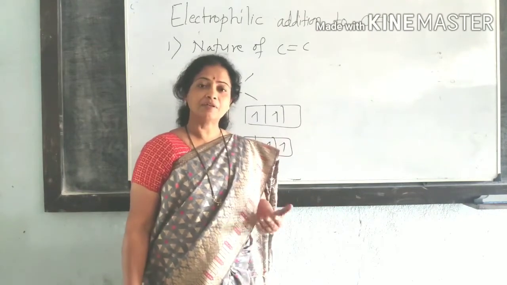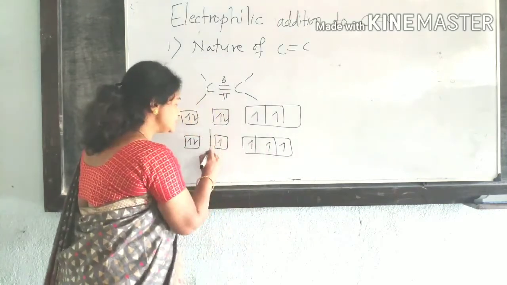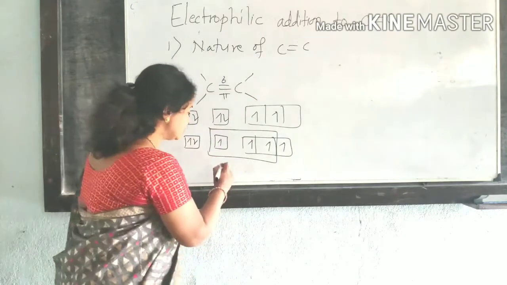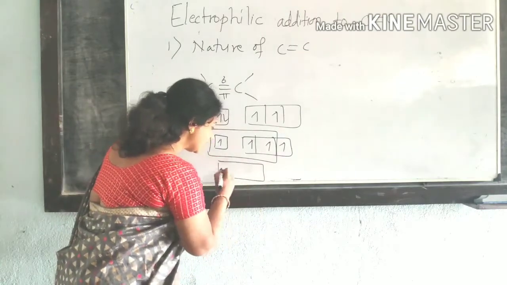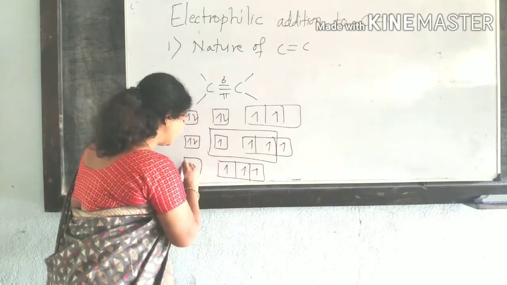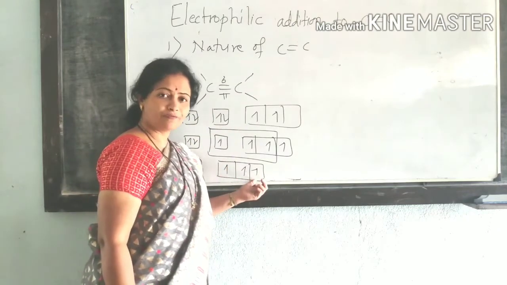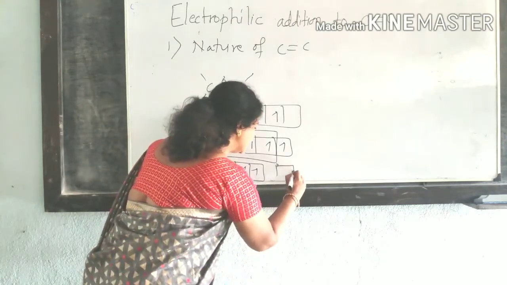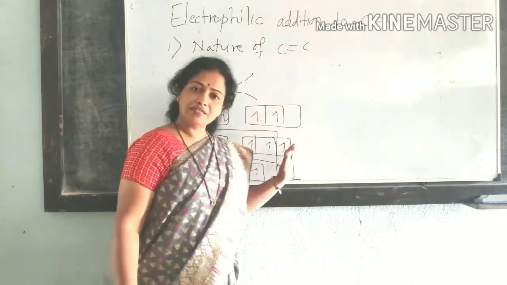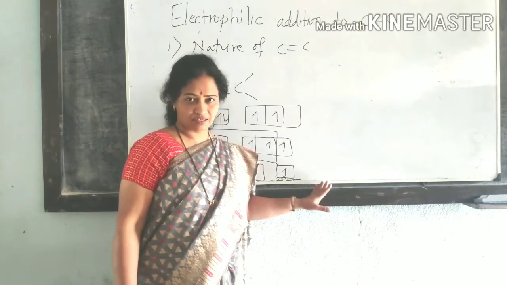In alkenes, carbon undergoes sp2 hybridization by mixing of one 2s and two 2p orbitals to form three sp2 hybrid orbitals like this. This is the 1s2 orbital and these three are the sp2 hybrid orbitals of carbon, and this one is the unhybridized 2pz orbital. This is about the electronic configuration of carbon in hybrid state.